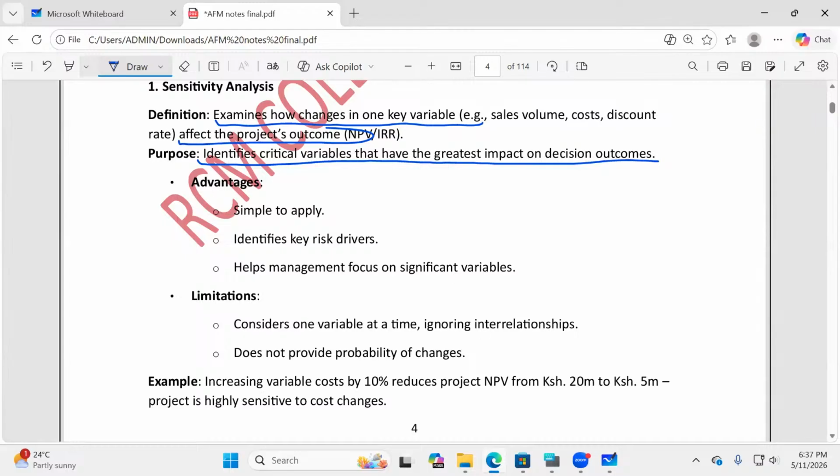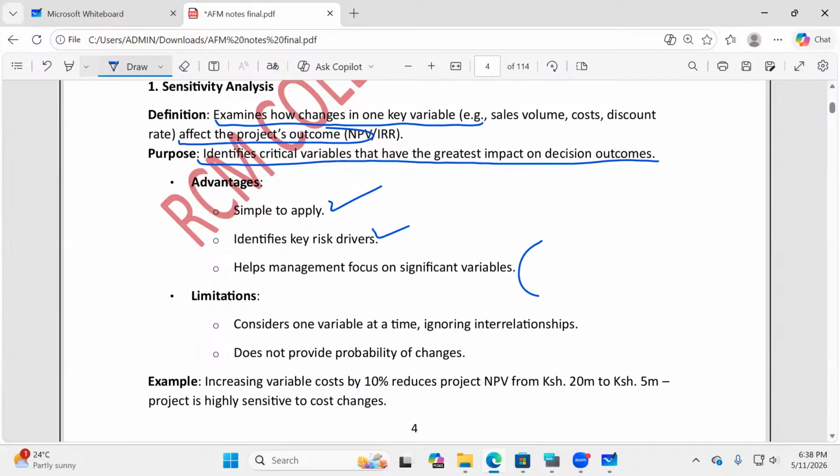Advantages: it's very simple to calculate. It will be able to identify for us the key risk drivers. It helps management focus on significant variables, so they'll be able to manage those variables that are material.